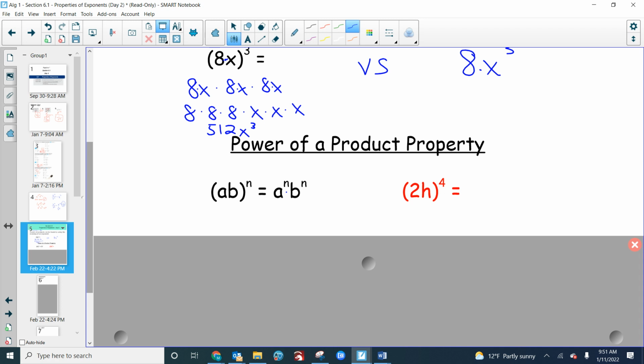Okay, what's the rule? If a product is raised to a power, you can raise each factor. Bailey, help me out. So 2 to the fourth times h to the fourth. All right. What's 2 to the fourth? 16.